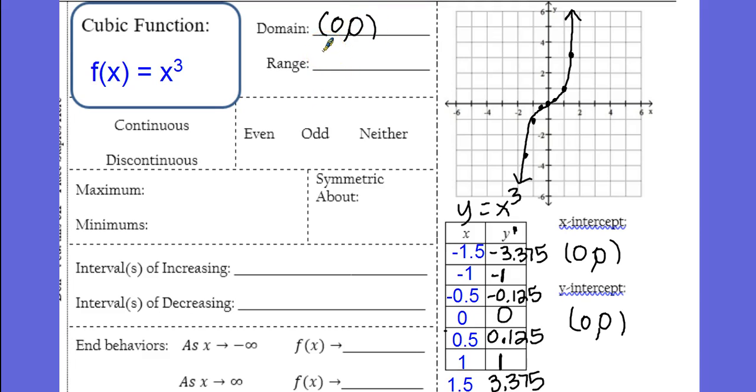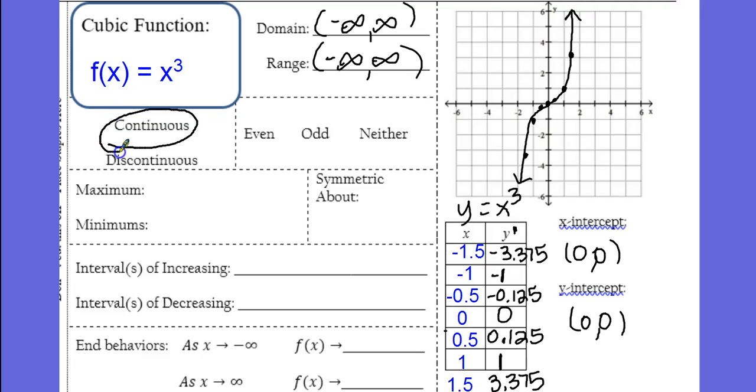If I cube a negative, I get a really big negative. If I cube a positive, I get a really big positive. If I cube 0, I get 0. So why did I write 0, 0 for my domain? Sorry. Negative infinity to infinity. Okay, Mrs. Frame, your range is also unrestricted. Okay, is it continuous or discontinuous?